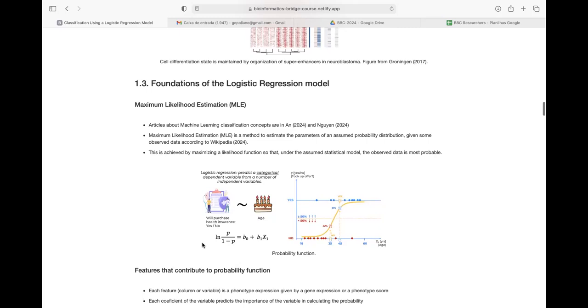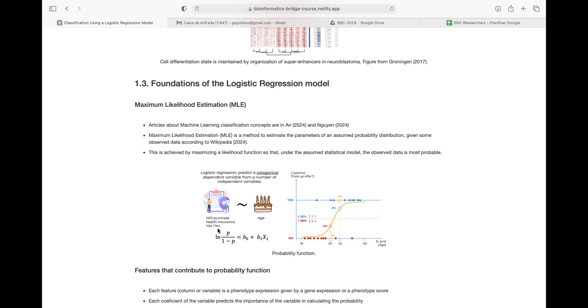And the probability function that we are going to use is similar to a line, right? Remember, this coefficient plus x times this other coefficient is what we define as a line.